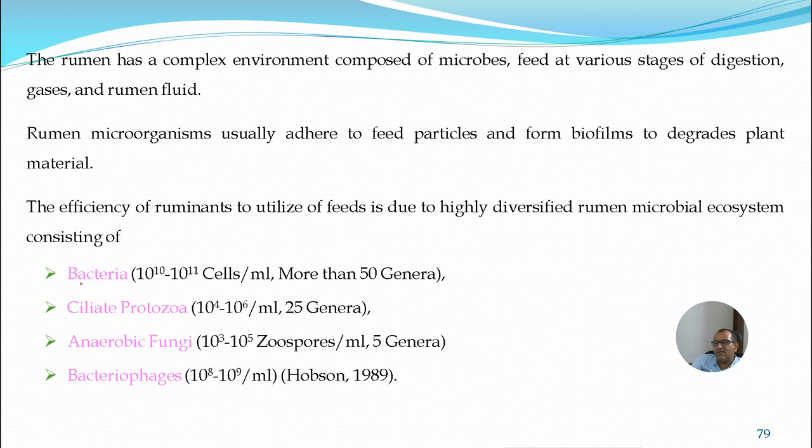If we count the bacteria population, it is about 10 raised to 10 to 10 raised to 11 cells per ml, with more than 50 genera. The ciliate protozoa account for 10 raised to 4 to 10 raised to 6 per ml, with 25 genera.